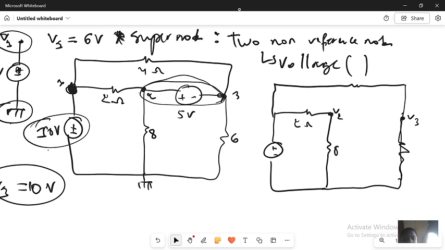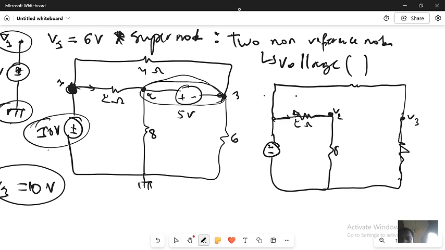How? Initially, I have I1 entering here. I had this voltage source here, plus minus, and I have this resistor here, and another resistor here.